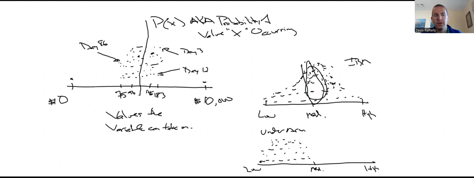Under Armour has much of its stock price clustered here. The Under Armour stock price is not as high as the IBM stock price. Under Armour is clustered between low and medium. IBM is clustered right around medium.